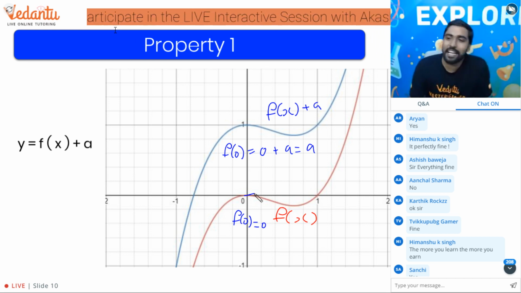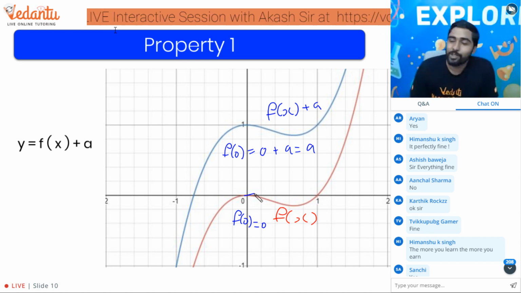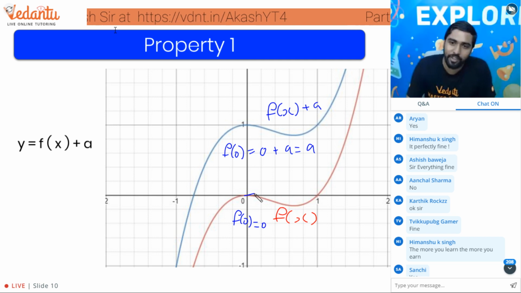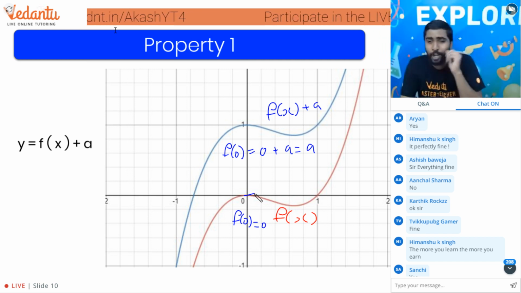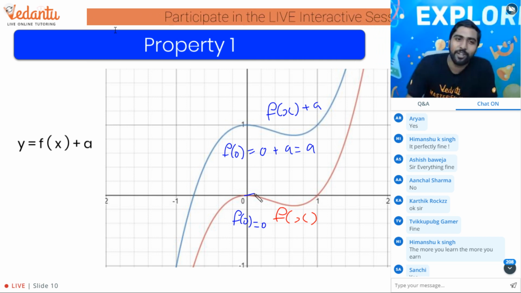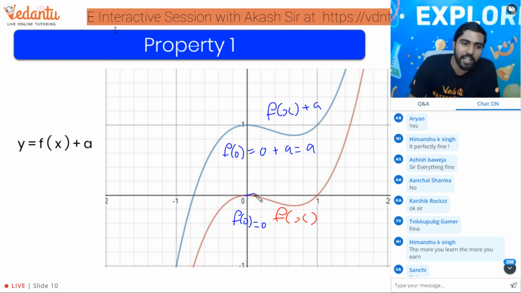You just had to compare this with this graph. You know the graph of mod x plus mod y, and you just saw the graph of cos 2 times x plus y equal to 0. What did you have to do? You had to draw the graph of mod x plus mod y on this particular graph. I hope you are able to see that you're going to get something like this.